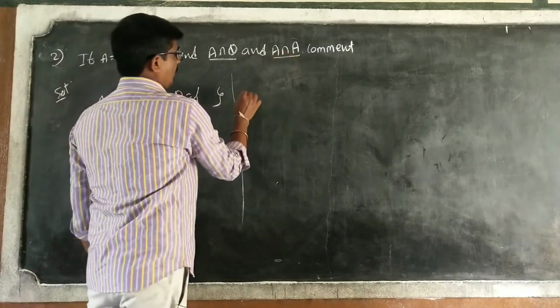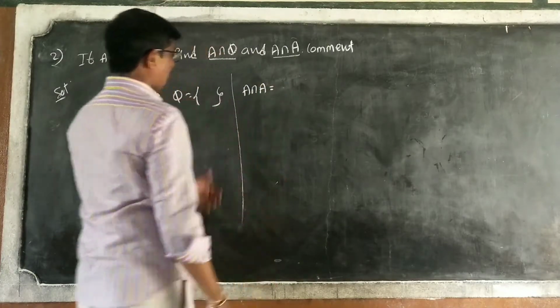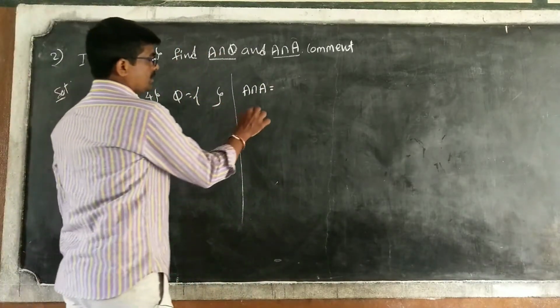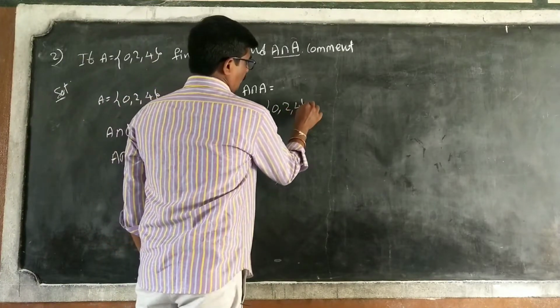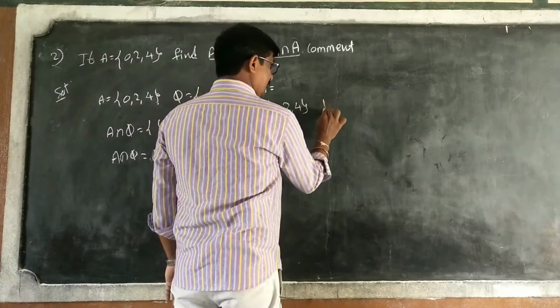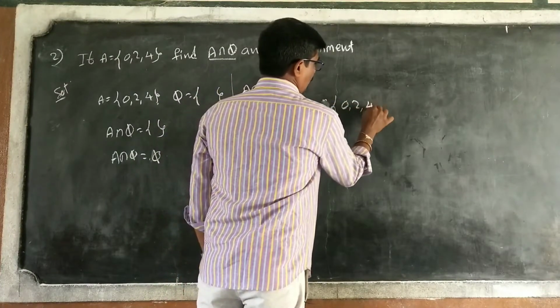Next, A intersection A we have to find. A is equal to {0 to 4}, and again A is {0 to 4}.